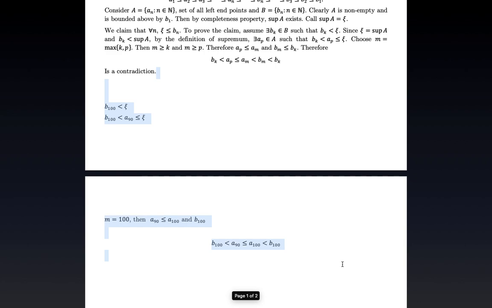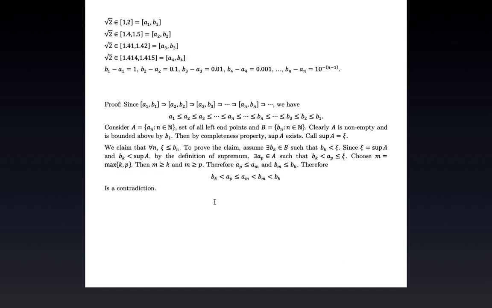So therefore this assumption is not true, so our claim is proved.